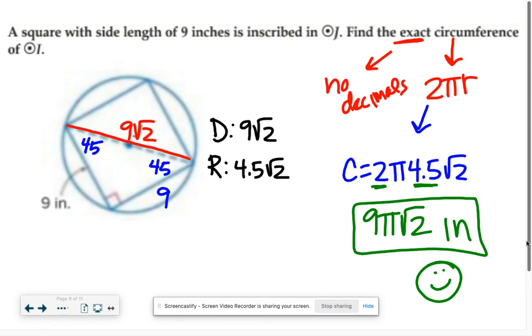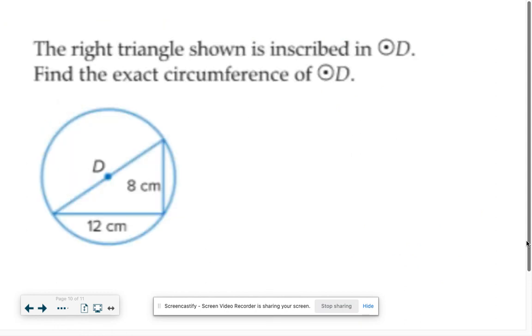And one more to end our time together here on this video lesson. It says the right triangle shown is inscribed, so it's inside our circle D. Find the exact circumference of circle D, so same idea. Okay, this time, this could be a special right triangle, we just don't know.